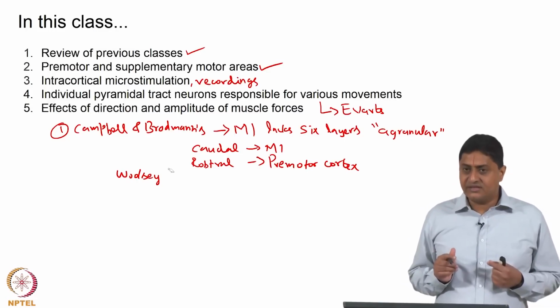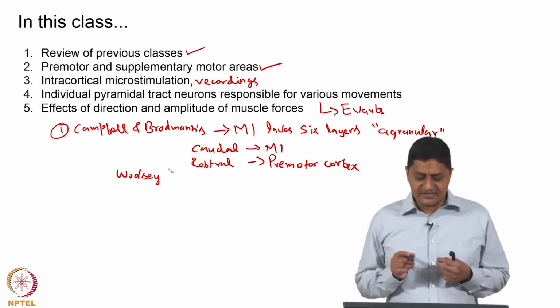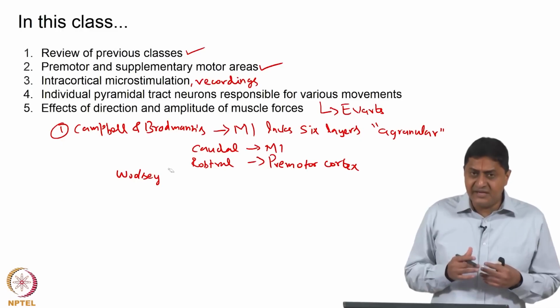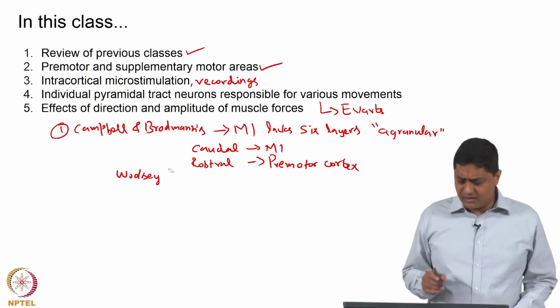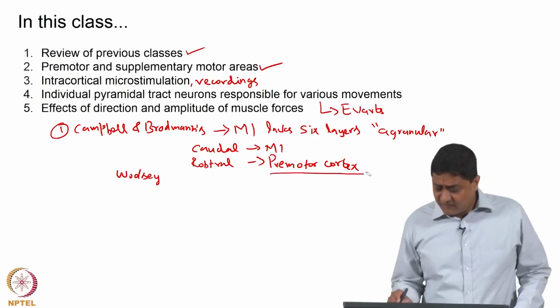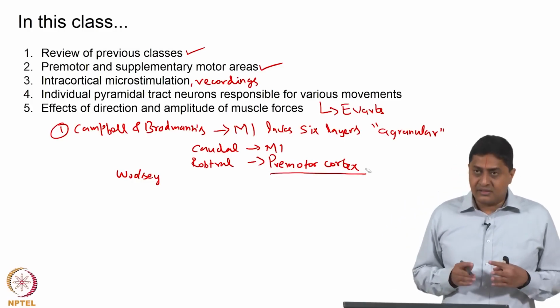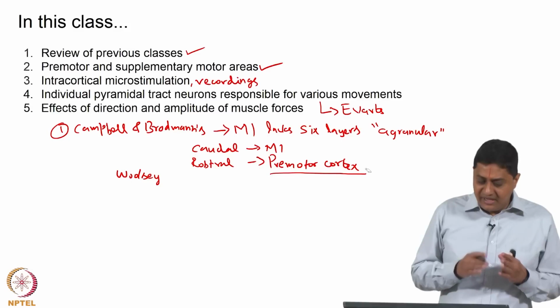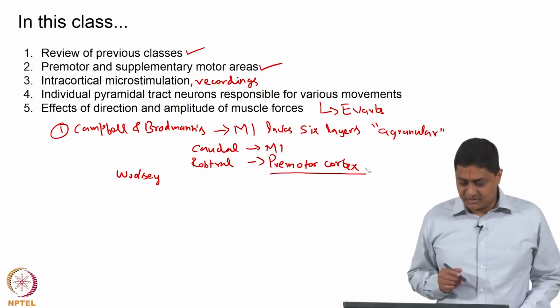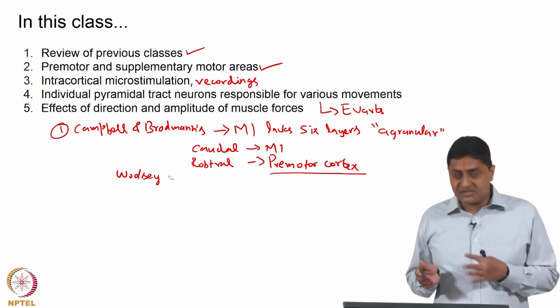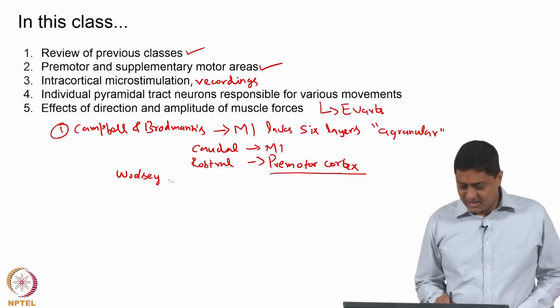He found that stimulation of certain areas within the premotor cortex, the areas lying on the medial surface of the cortex, also behaves somewhat similar to the primary motor cortex. Hence, he called this area the supplementary motor cortex.